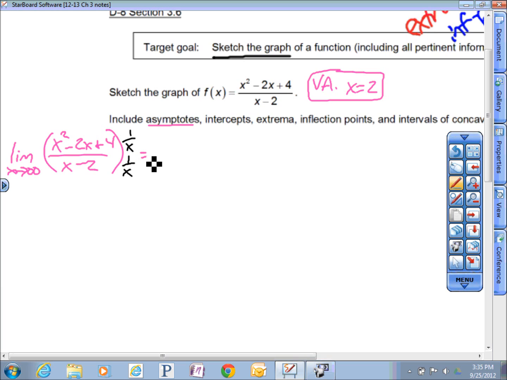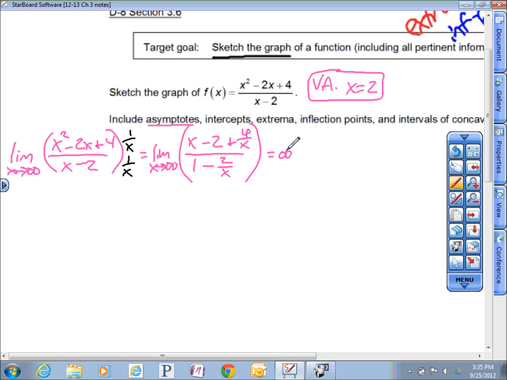So how about limit as x approaches infinity of x minus 2 plus 4 over x, over 1 minus 2 over x. And if we carry out this limit, it ended up being infinity on the top and 1 on the bottom with direct substitution.